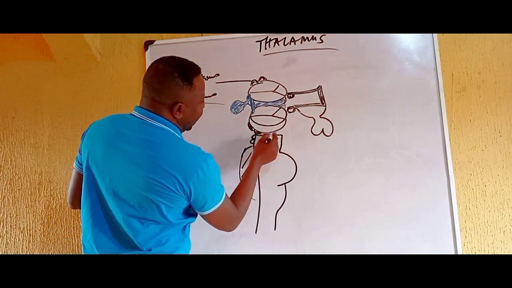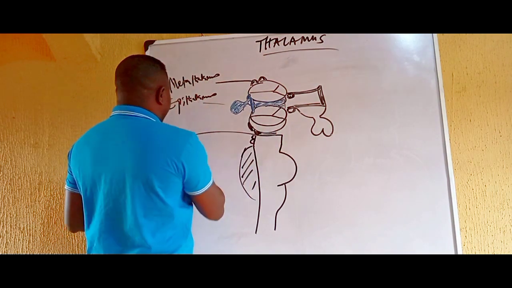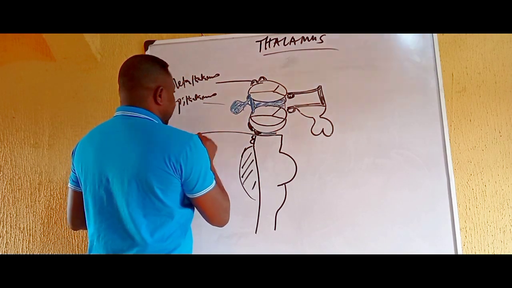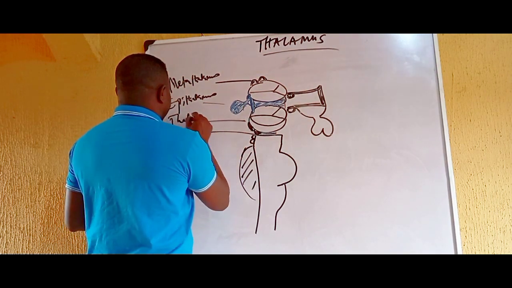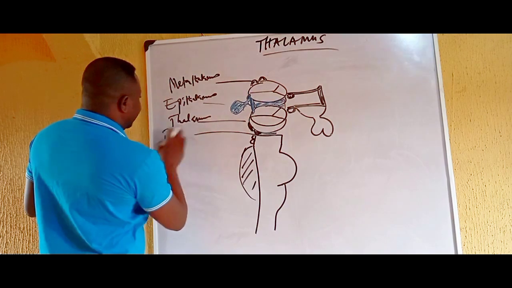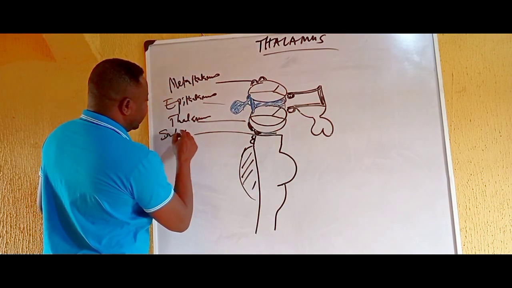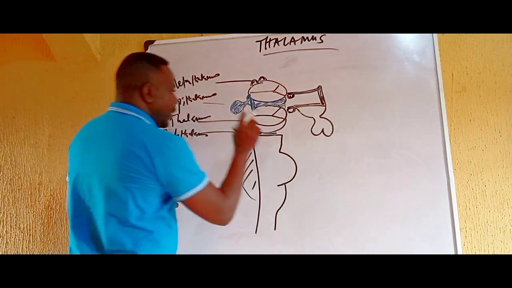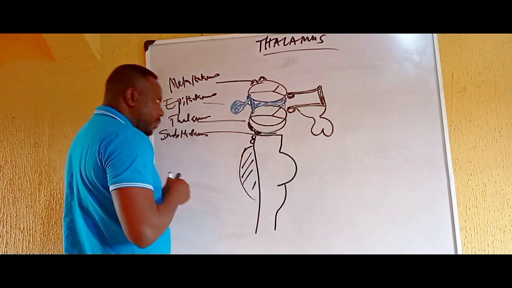And of course, we have the subthalamus here, just below the thalamus. We have the thalamus here. This is the subthalamus. And of course, this is our midbrain.